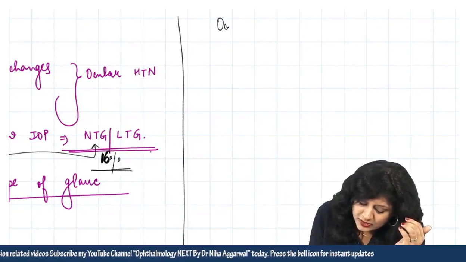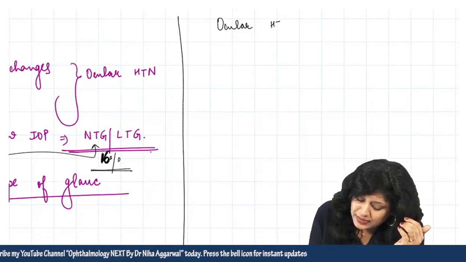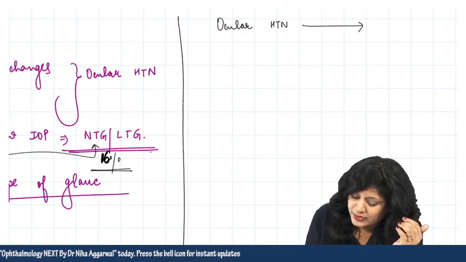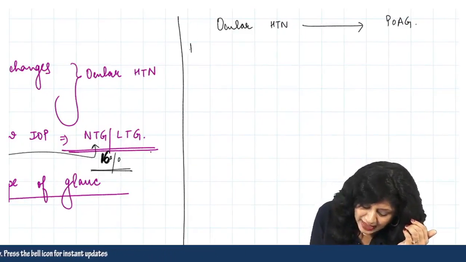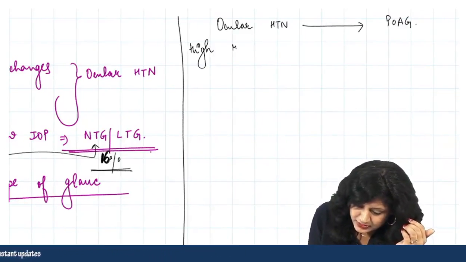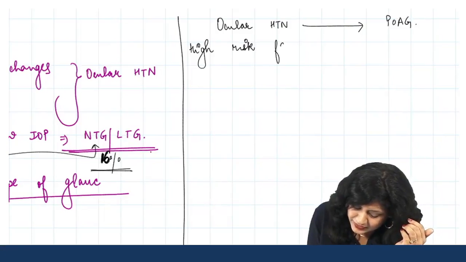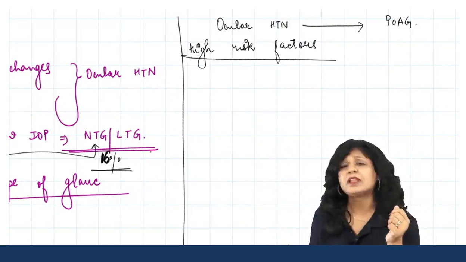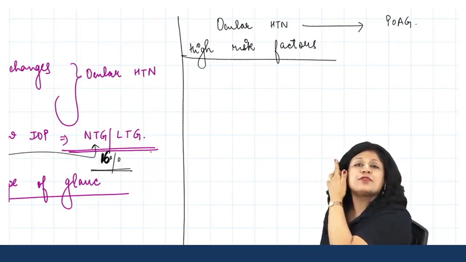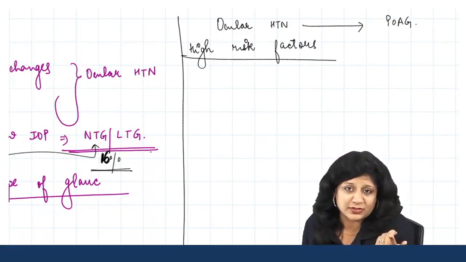Yes, people with ocular hypertension have chances of conversion to primary open angle glaucoma if they have high risk factors. If they have the high risk factors, then we have to treat them, because they have chances of getting converted into frank POAG.